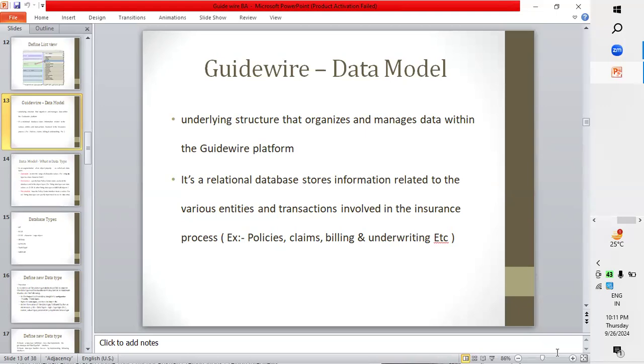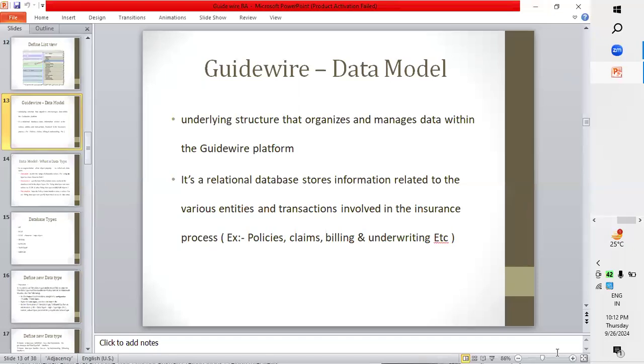Hence, whatever process relates to risk assessment will be part of data models.